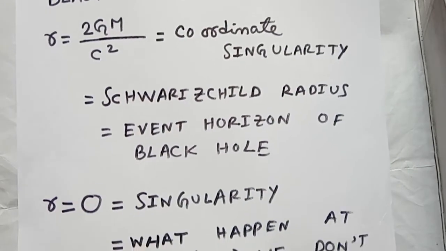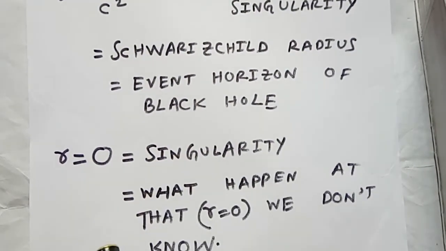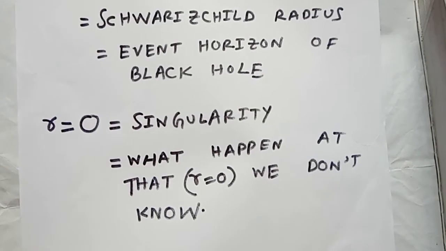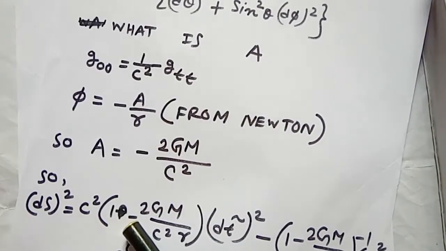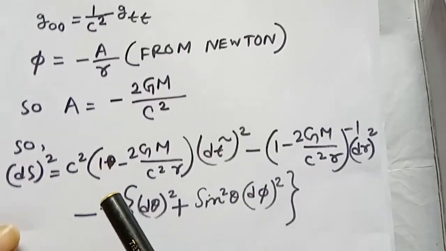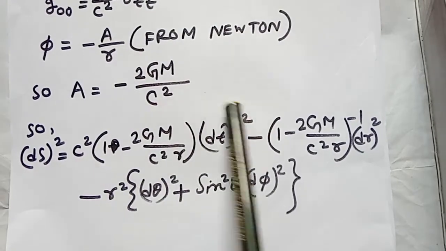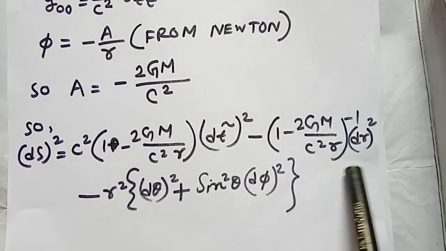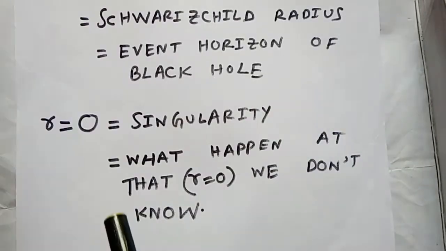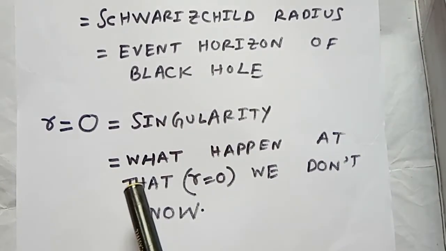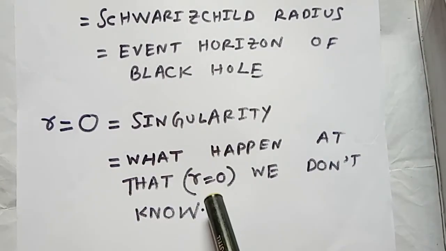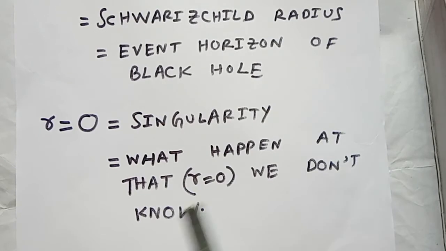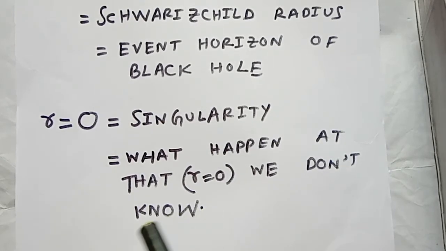And when r equals 0, then this is infinite and this is 0, so we have the singularity. What happens at the singularity r equals 0, we don't know. This should be unknown.